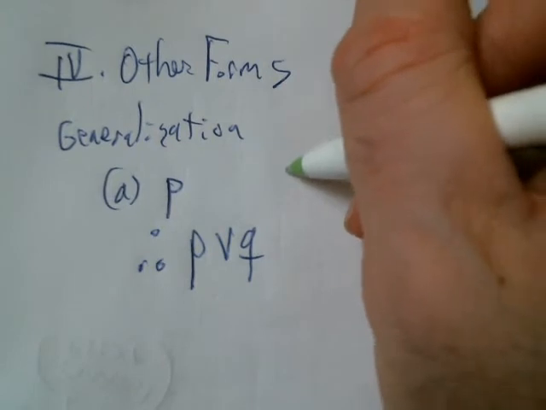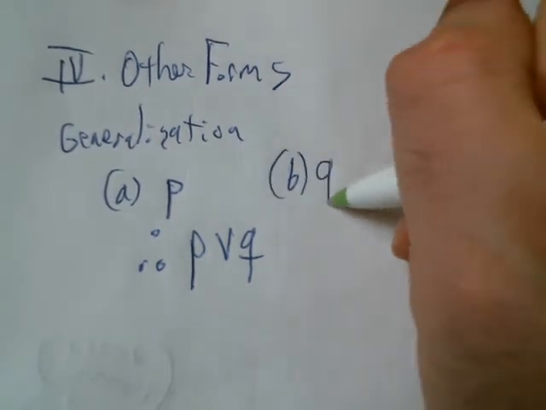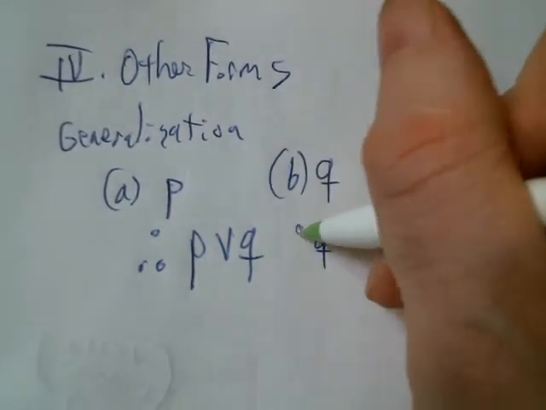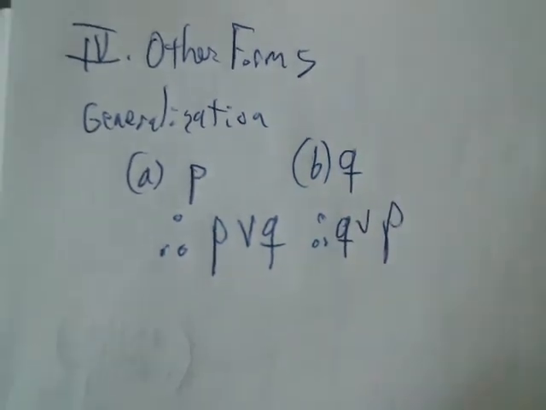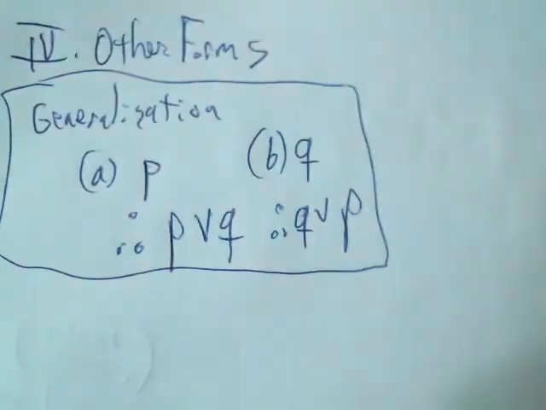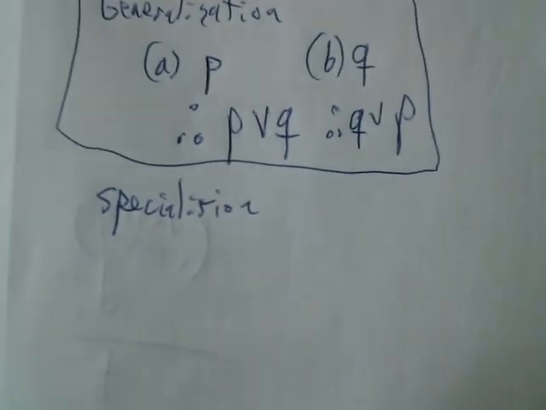And in the book, they note also, if you're given Q, then it's a bit silly, you could say Q or P, right? That's why there's part A, part B. Okay, so that's the first one. Specialization, you're kind of making it smaller. So if you know that I'm over 45 and I'm alive, you can say, well, in particular, I know I'm over 45.